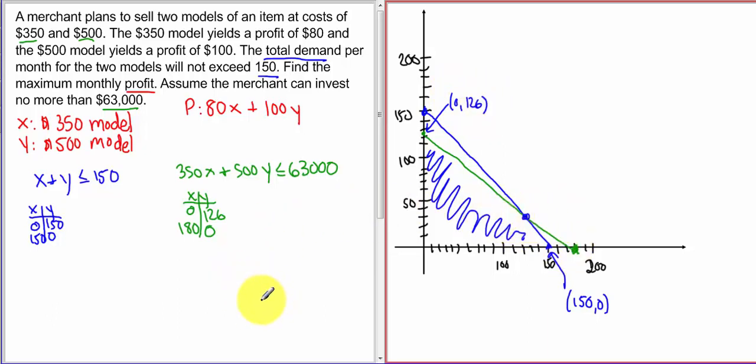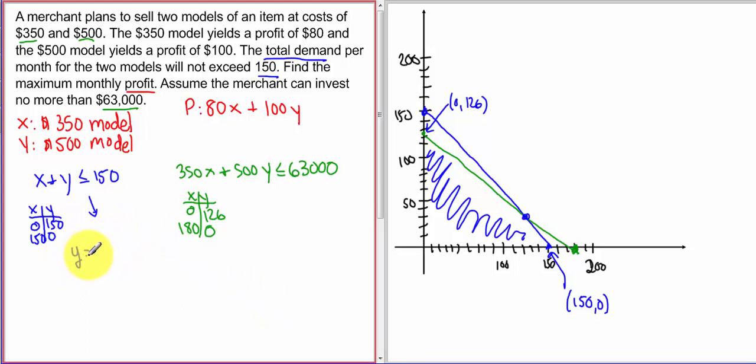So the key to finding that intersection point is to utilize your calculator. Take this, solve for Y. I'm going to change it to a y equals. Plug this in y1. Take this equation, solve for y. Notice how I'm solving for y here.